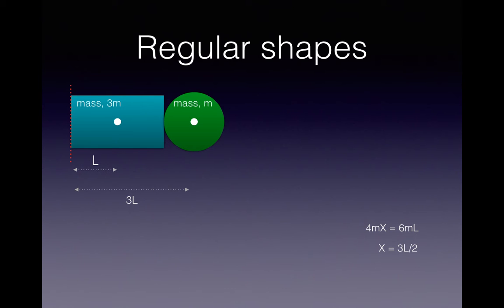So what we're going to do is look at the mass, which is similar to the weight in this case, of the rectangle multiplied by the distance of its centre of gravity from the axis, plus the mass of the circle multiplied by the distance of its centre of gravity from the axis of rotation should equal the total mass of the system multiplied by however far the centre of gravity of the system is from the axis of rotation.